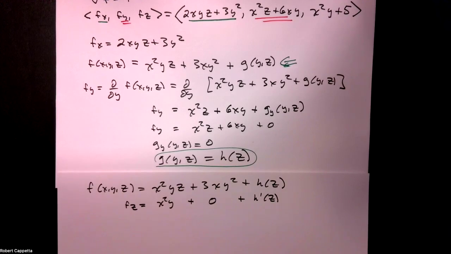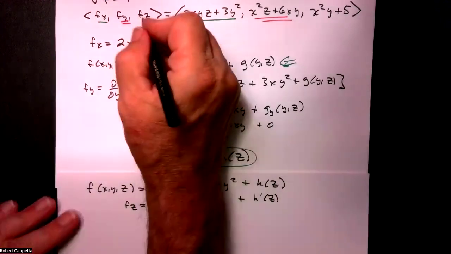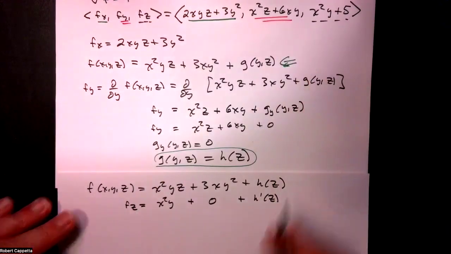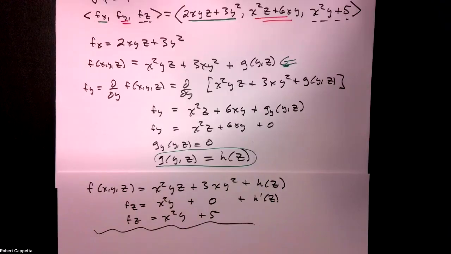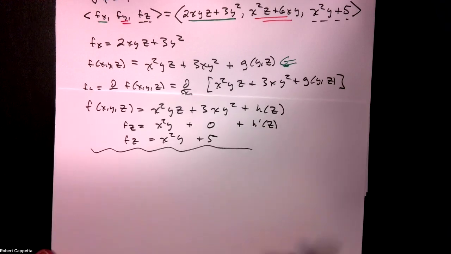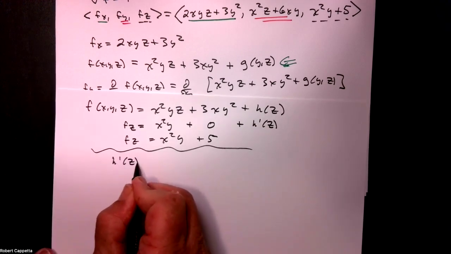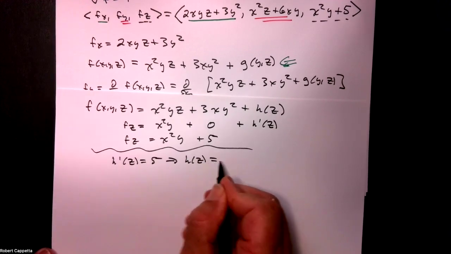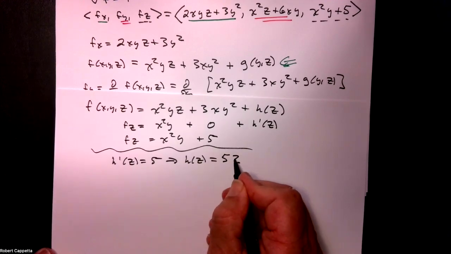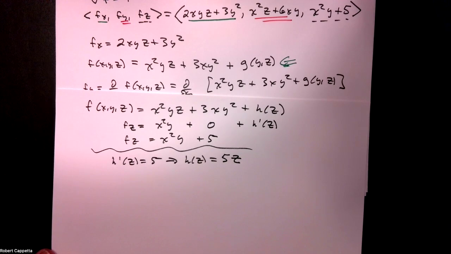But what is f sub z? If we go up to the top here, f sub z is x squared y plus 5. So that then tells me that h prime of z has to equal 5. So using that fact, h prime of z has to equal 5, which would tell me then that h of z is 5z plus a constant, but I'm just going to go ahead and leave the constant to be 0. So I get h of z is just 5z.